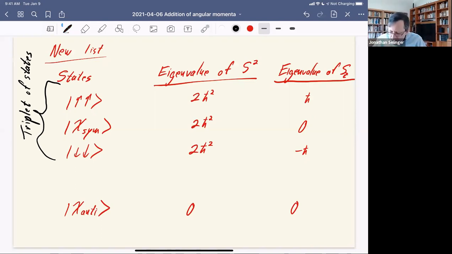And in this triplet, it looks like S equals 1, because all of these eigenvalues are S times S plus 1 times h bar squared, with S equals 1.